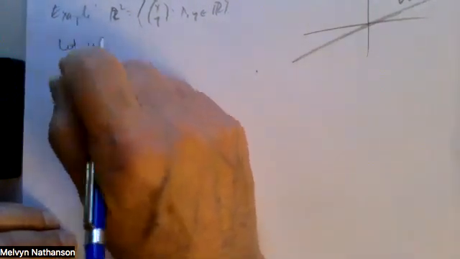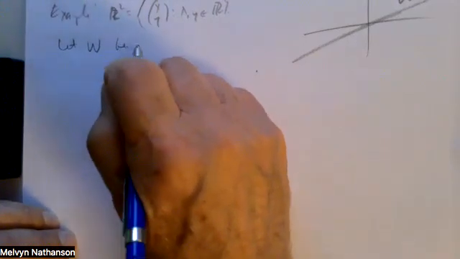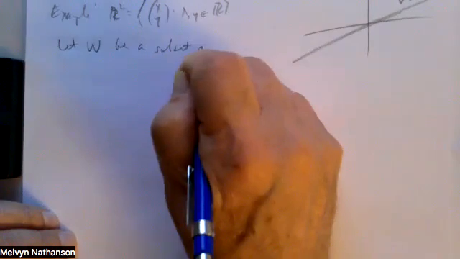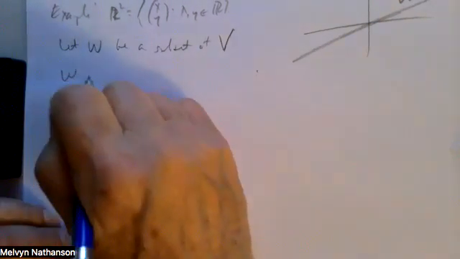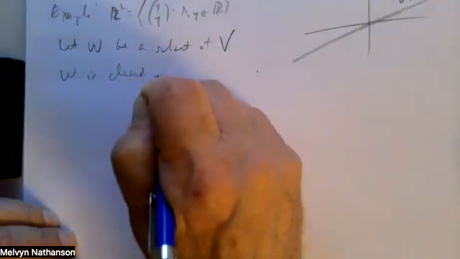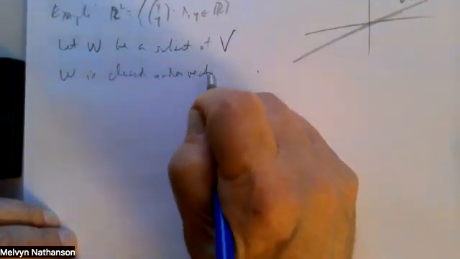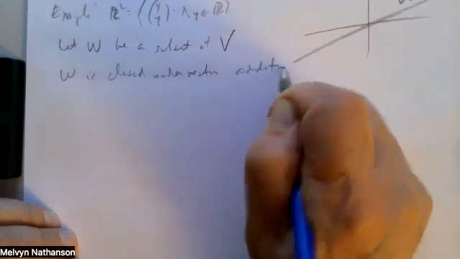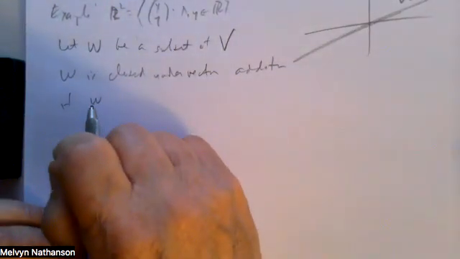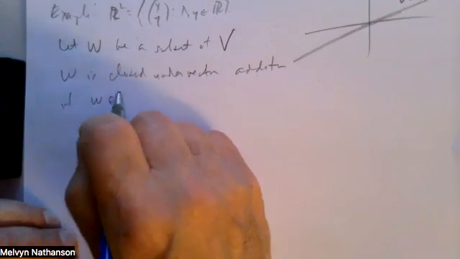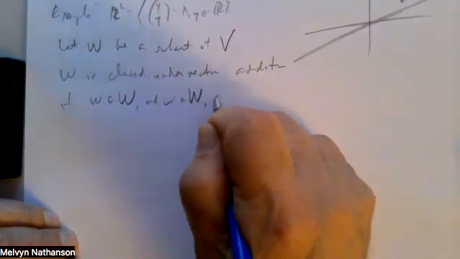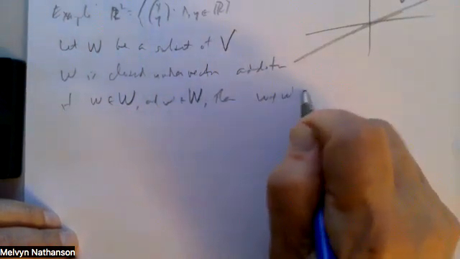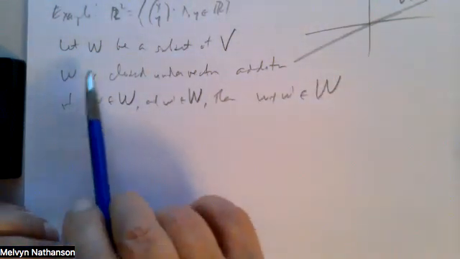Let's just give a general definition of a subspace, that W be a subset of a vector space V. So W is closed under vector addition if whenever w is in the subspace W, and w prime is another vector in W, then the sum is in W. So W is a subset.